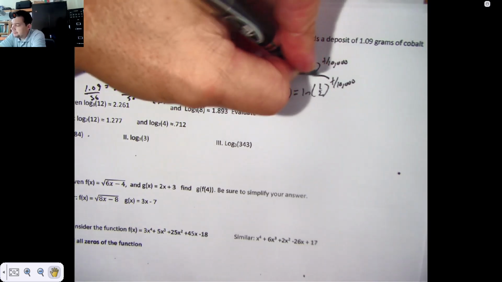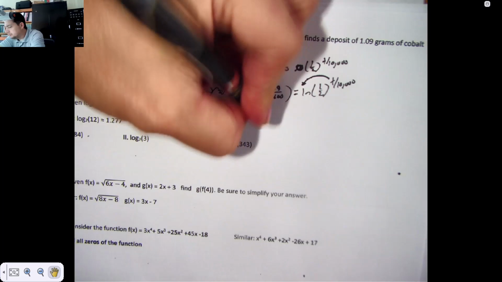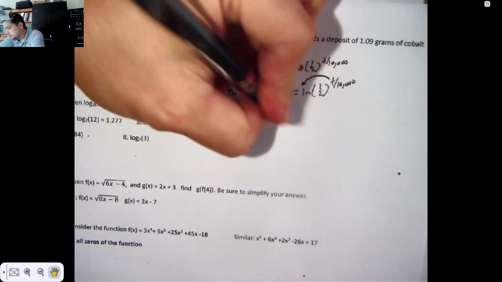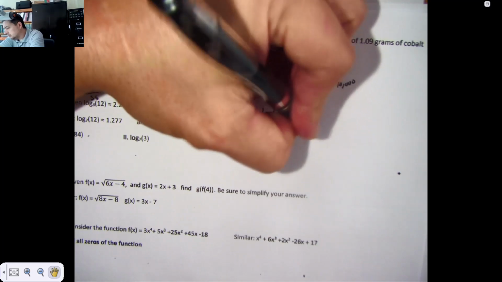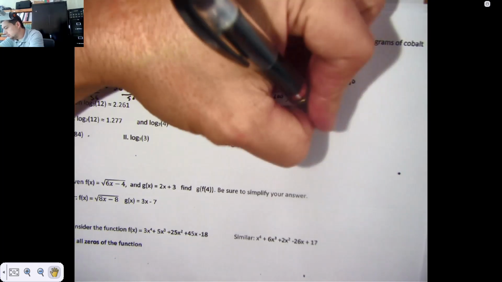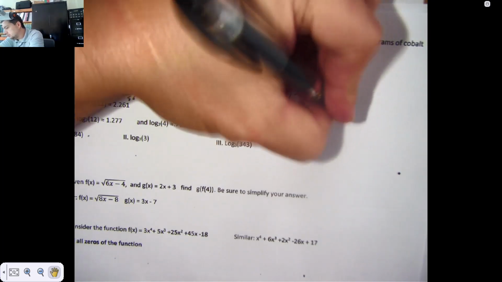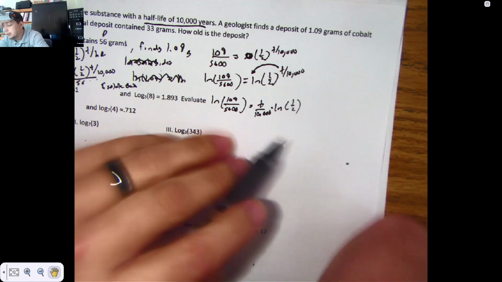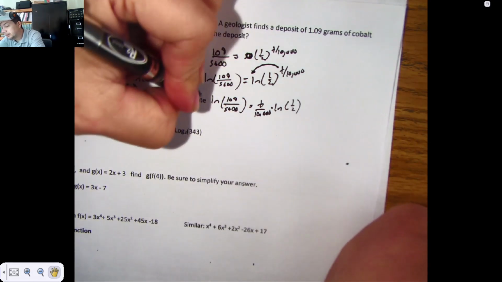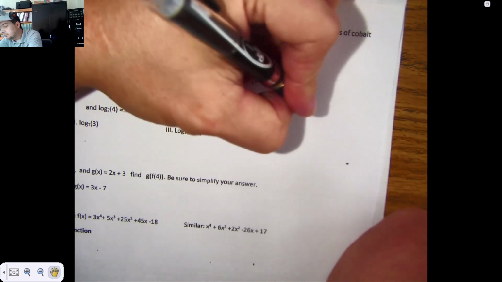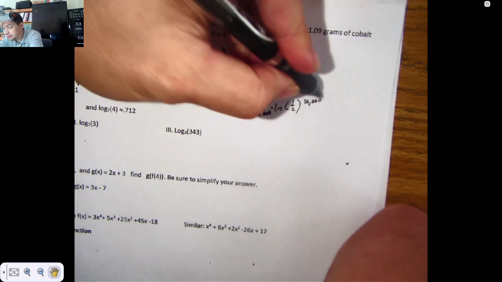This exponent goes out front. That's what we look like so far. We're going to multiply both sides by 10,000 to clear that fraction. We'll have a cancellation on the right.